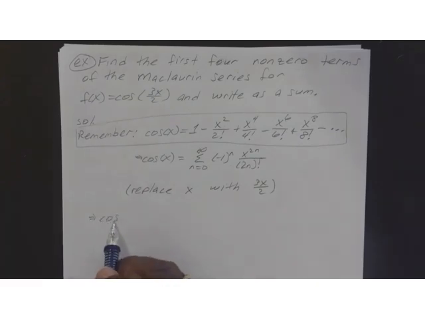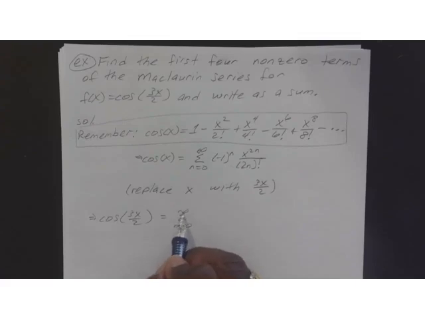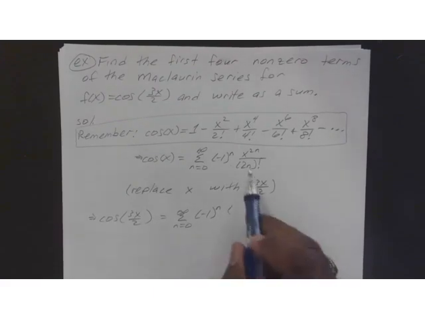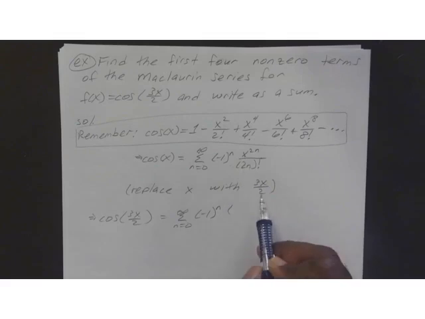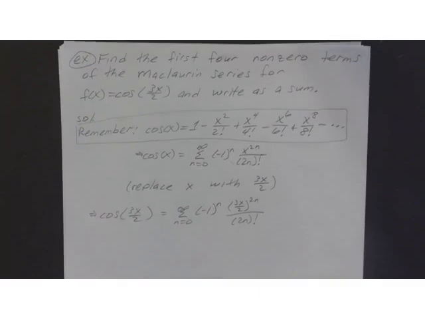So we know that cosine of 3x divided by 2 is equal to the sum from n equals 0 to infinity of -1 to the power of n of 3x divided by 2 to the power of 2n, and all of that divided by 2n factorial.